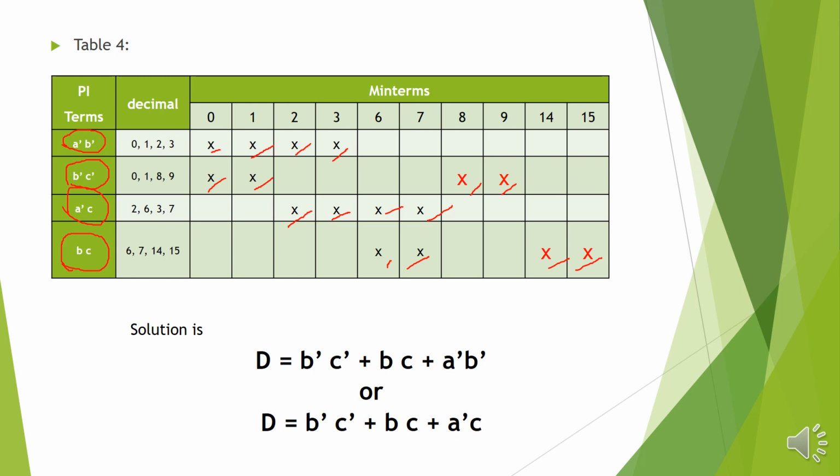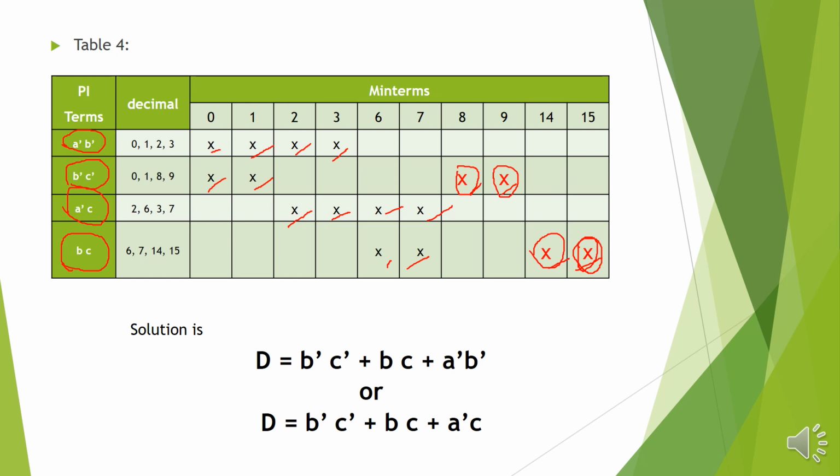After writing that, place X wherever the minterm is covered. Now look column-wise. If only one X is there in the entire column, then that group is an essential prime implicant, since those cells are exclusively grouped.